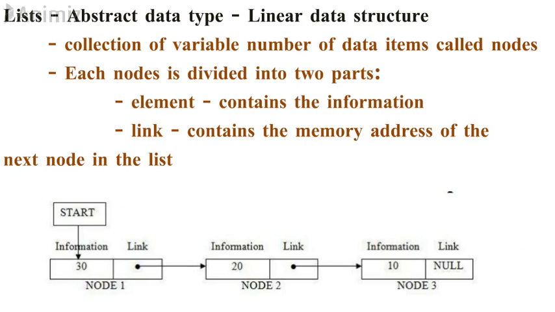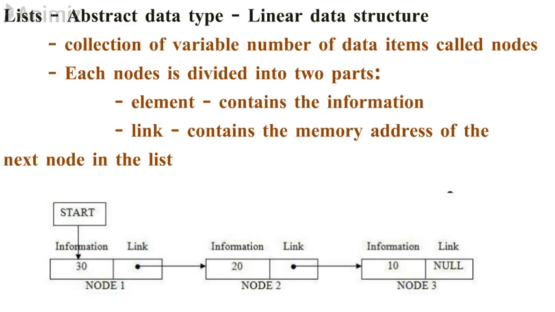Now when you see in this figure, you have three nodes: node 1, node 2, node 3. Node 1 contains 30 as information and a link. Node 2 contains 20 as information and a link. Node 3 contains 10 as information and a link.